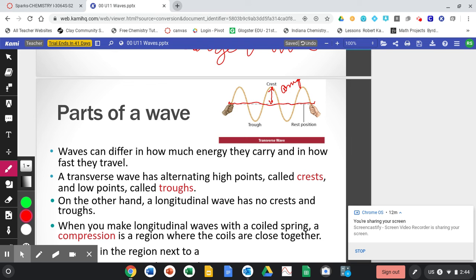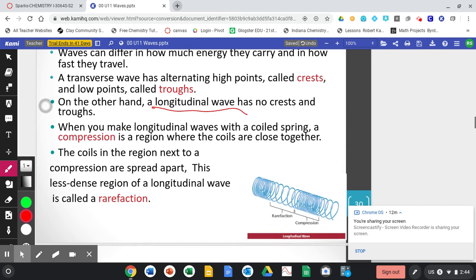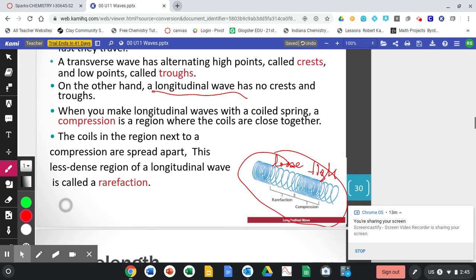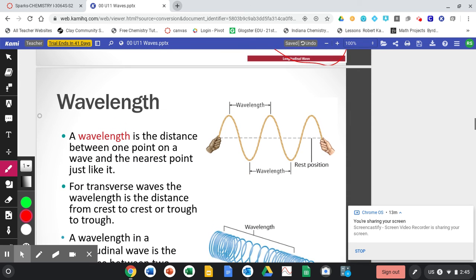You might want to draw one of these and label the parts on your notes so you have that for you. A longitudinal wave has compressions and rarefactions. So compression is where it's tight, and rarefaction is where it's loose. Okay, so you might want to make a copy of that wave too.